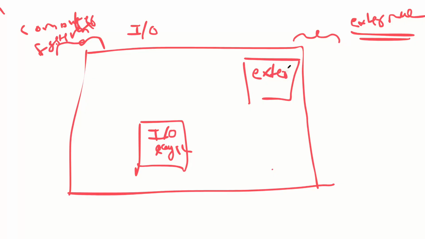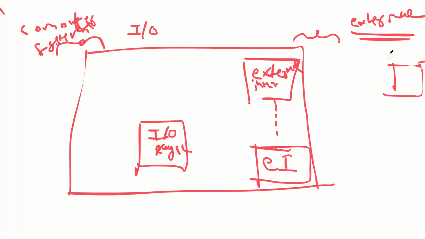There are a lot of external interfaces; I will write EI for external interface, for each of the devices. Here one would connect to one device, say a monitor, and another would be for a keyboard, like that. For each device there would be an external interface logic here.